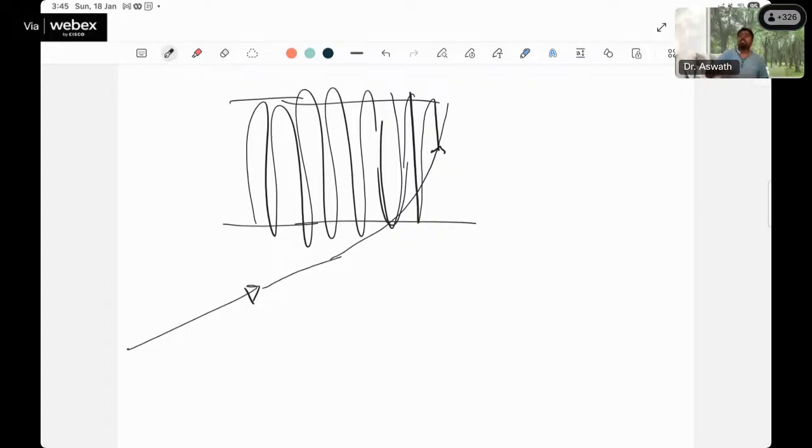Let's say somebody is swinging in a park. If you go in resonance, if you hit the swing, it swings continuously. But if you go out of resonance, abruptly in the opposite direction, if you just go and hit it, it stops abruptly.